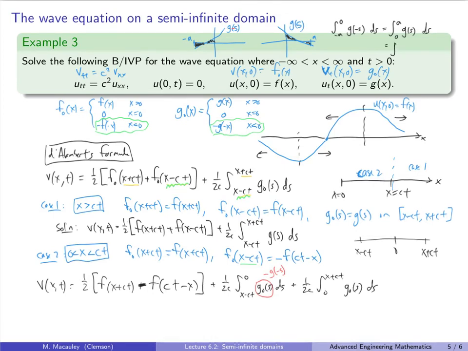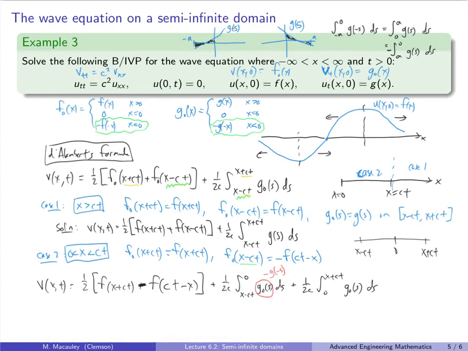You can't stop me from switching the order and saying this is a to 0 of g of s ds. And if I do that, I have to put a negative sign there. So if I want to, I can integrate in the opposite direction. Okay.